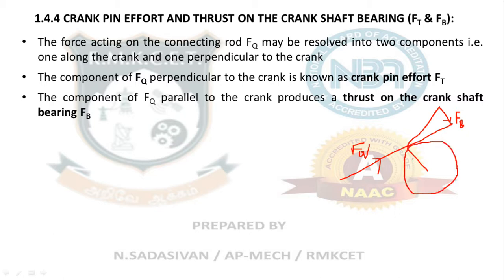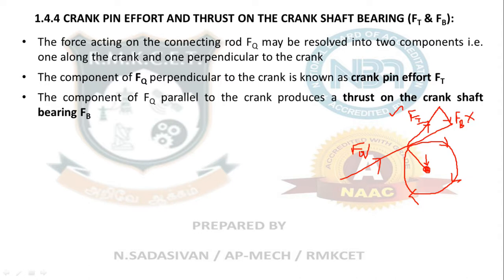This force, which is acting inwards towards the center of the dotted circle traced by your crank, will jerk the crankshaft from its bearings. It is going to give a load on the bearing. The component which is tangential to this crank circle is actually driving your crank to rotate. It is the useful work. FT is the useful work, FB is the undesired result of the useful work.